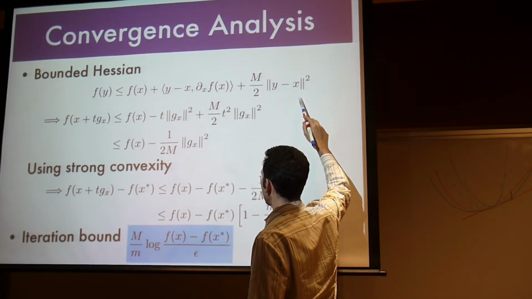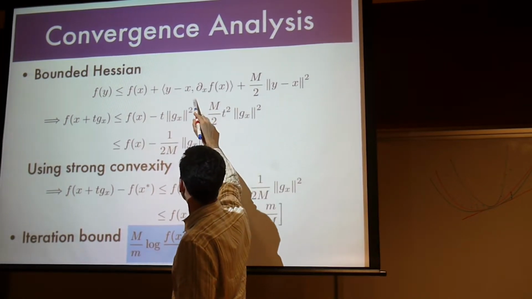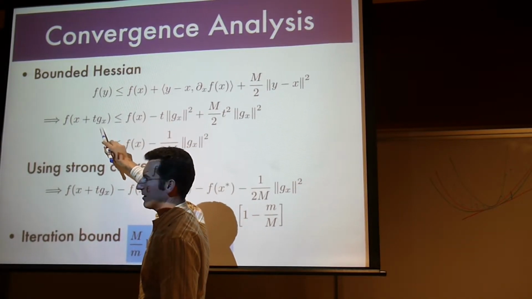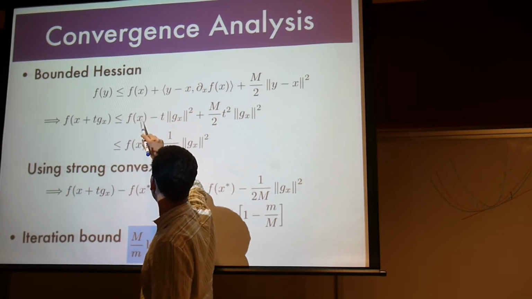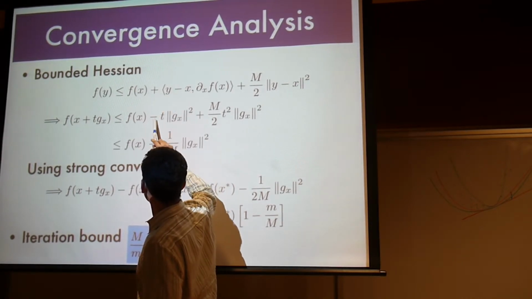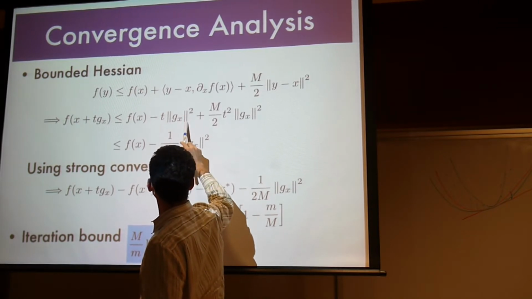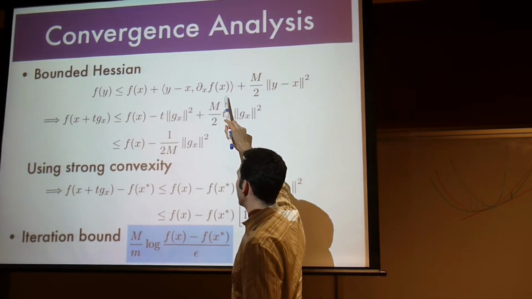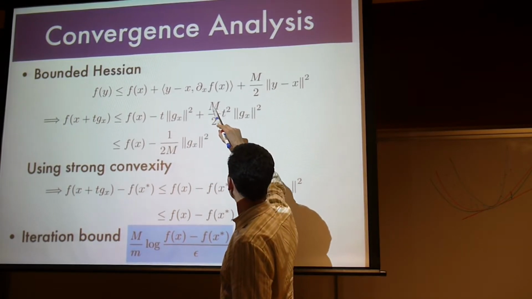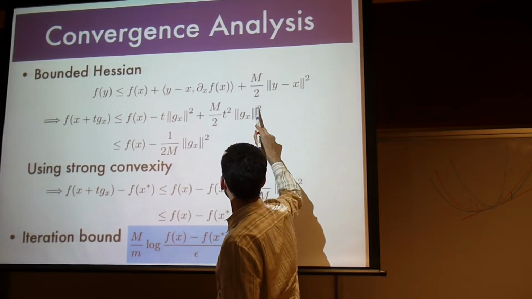So therefore, especially in the line search direction, where y is t times the gradient at the location x, right? So we have f of x. Now we plug in y minus x, that's just t times the gradient, times, well, that's already the gradient itself, so it's t times the norm of the gradient squared, plus m over 2 t squared norm of the gradient squared.